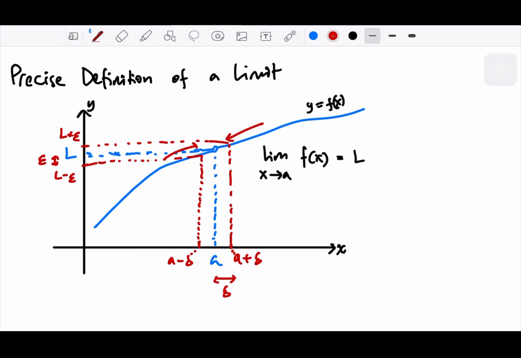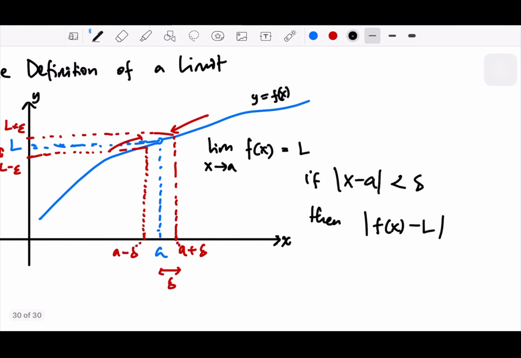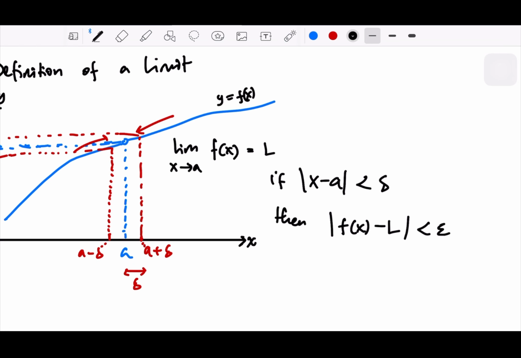Okay. So by doing so, we are going to prove whether our delta can get precise epsilon. So this means that if this distance is less than delta, then there will be some distance here that is less than epsilon.